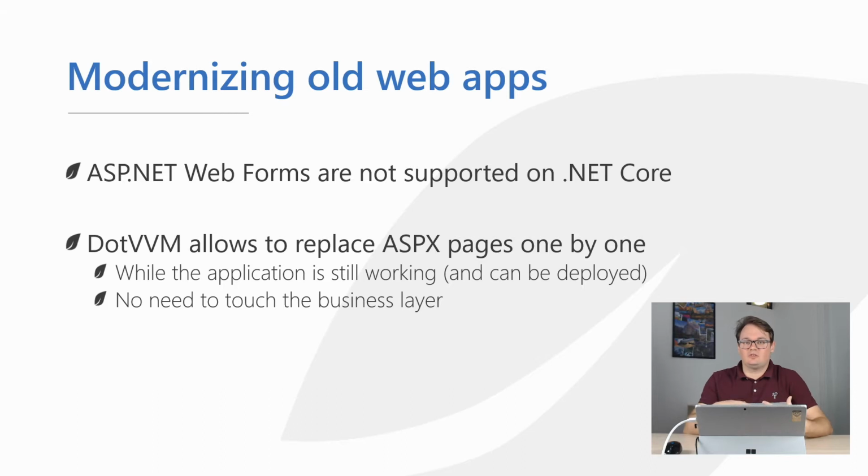And the application is still working, it can still be deployed, you can still fix issues in the Web Forms parts, you can create new areas in .vvm or in Web Forms if you want to, and it will still work as one application. And if you use similar CSS, the user might not even notice that he is in a different technology, because it will look the same way.